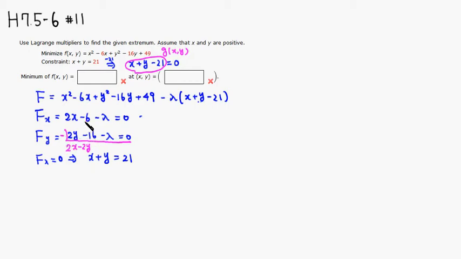So negative 6 plus 16 is going to be plus 10. Then negative lambda minus negative lambda cancel out, 0 minus 0 is 0. So we have that equation.